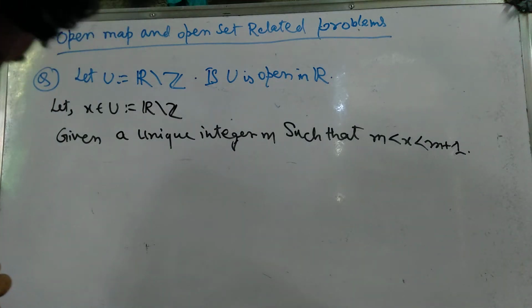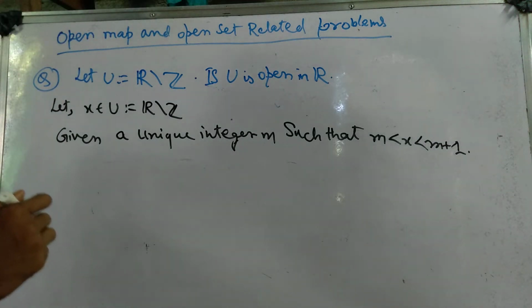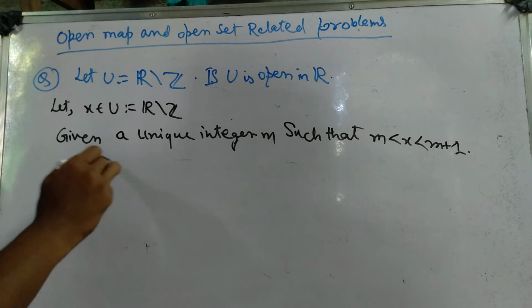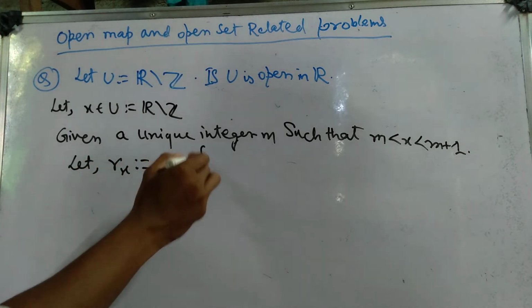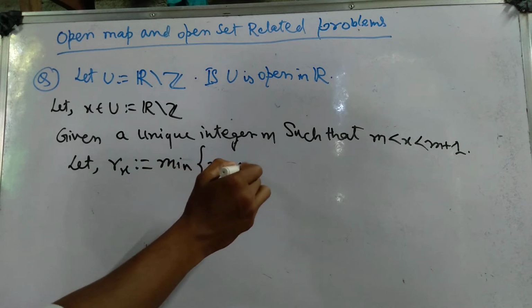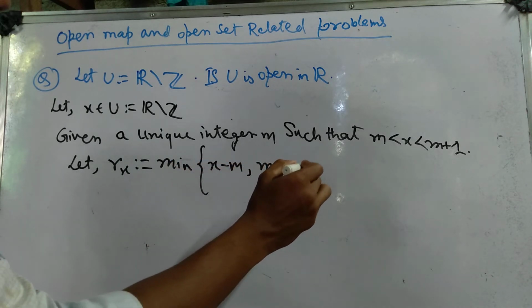Let r_x equal the minimum of x minus m and m plus 1 minus x.